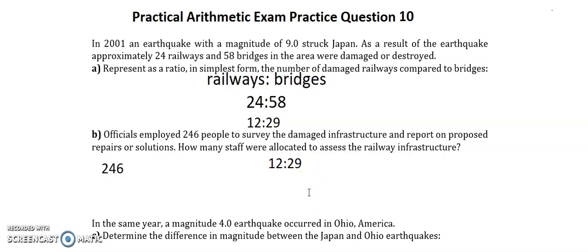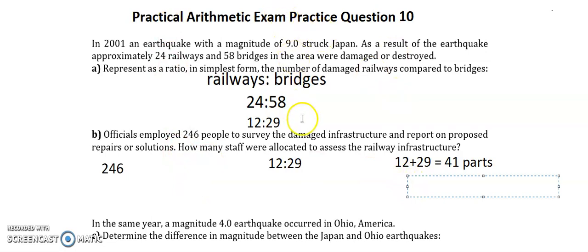The first thing I need to be thinking about is how many parts do I have? So 12 plus 29 is equal to 41 parts. Now I know I've got 41 parts, I need to find out how many staff were given per part, which means I'm going 246 divided by the 41 parts.